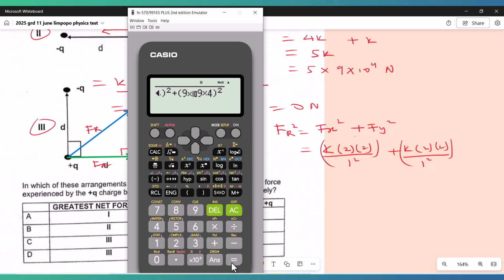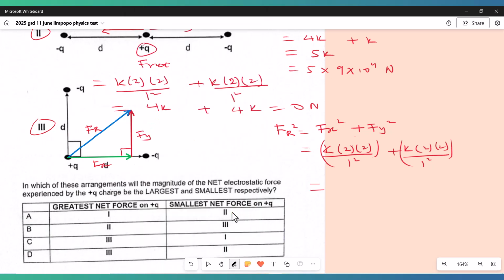So what does it give us here? It gives us 5,09 exponent 10 newtons.